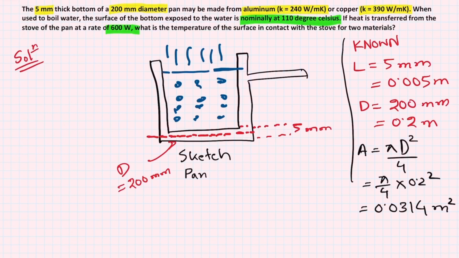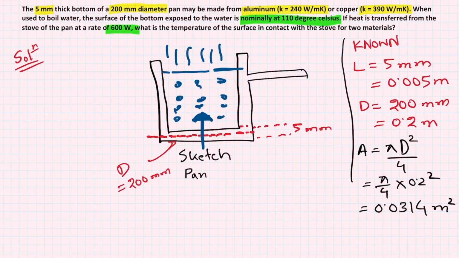This means this pan is on top of a stove, and there is heat transfer from the stove through this material that is made of either aluminum or copper, and that heat is transferred to the water and heating the water up, and maybe it's boiling, or maybe it's just plain sensible heating that's only causing the temperature of the water to increase. But whatever the case may be, this heat transfer is from the bottom of the pan and towards the vertical direction, where I have just drawn a blue line with a thick arrow.